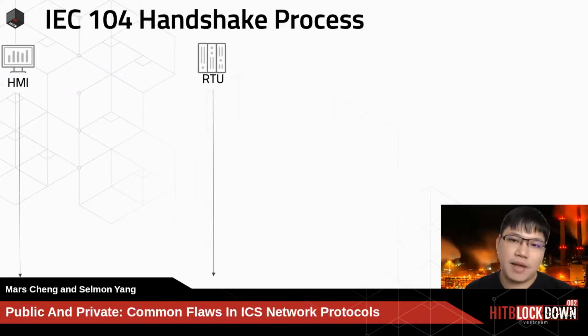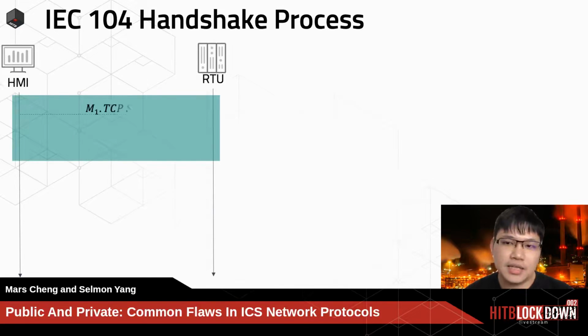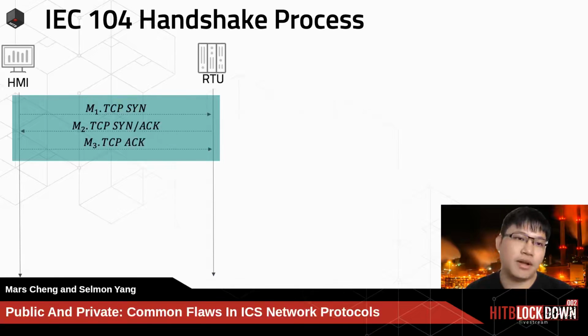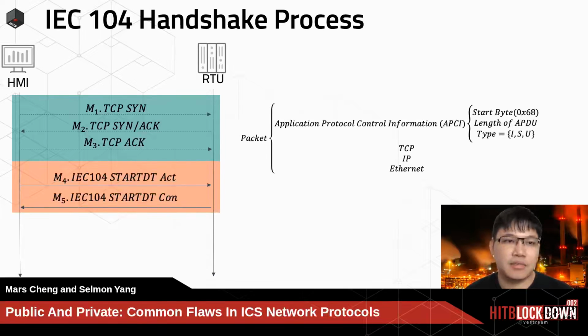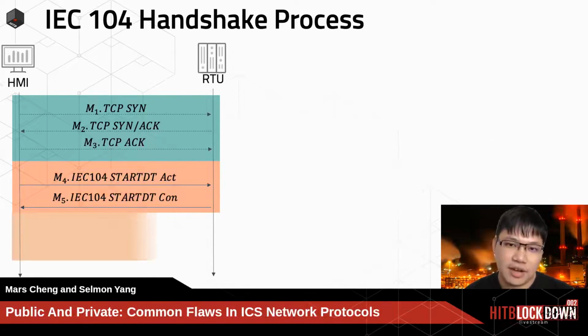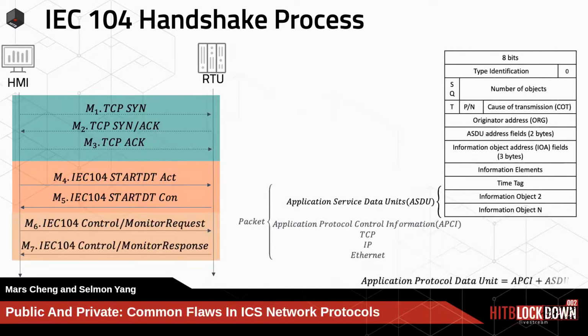And the last public protocol is also widely used in the power industry, electricity: IEC 104. Before the start of communication, the IEC 104 handshake will be conducted, after the TCP three-way handshake. This is the start and stop handshake. After that, we do the control command, monitor request and response. Here you will also see many headers and content in IEC 104.